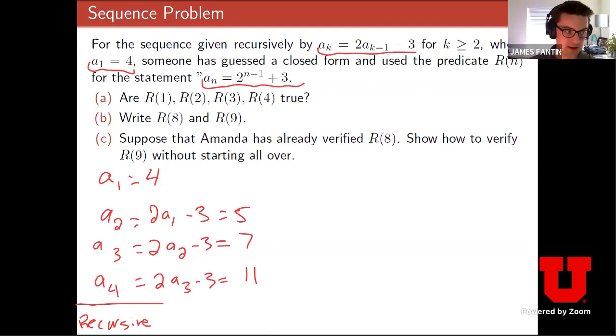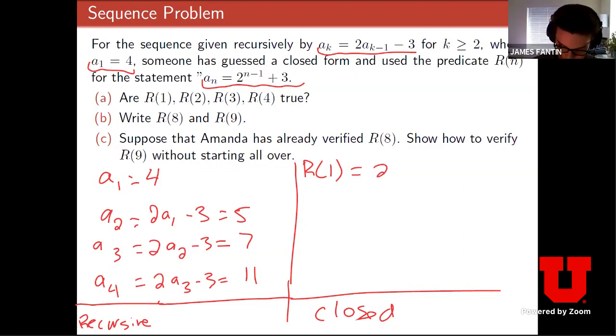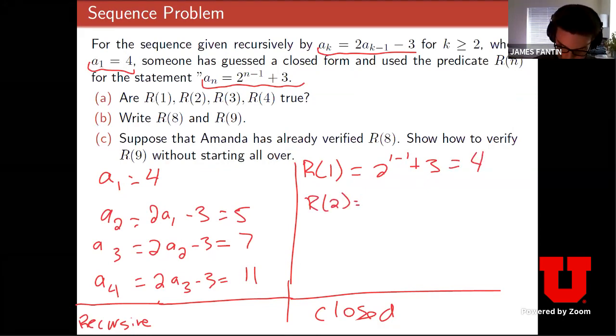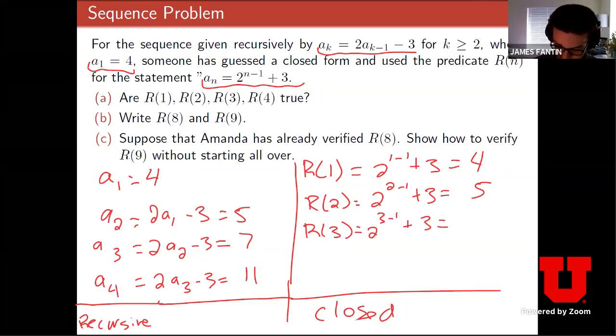Now we can check: do we get the same values if we use the closed form for each of the values? For a1, we have 2 to the 1 minus 1 plus 3, and that's equal to 4. 1 plus 3 is 4. a2 is 2 to the 2 minus 1 plus 3, which is 2 plus 3, which is 5. a3 is 2 to the 3 minus 1 plus 3, which is 4 plus 3, which is 7.